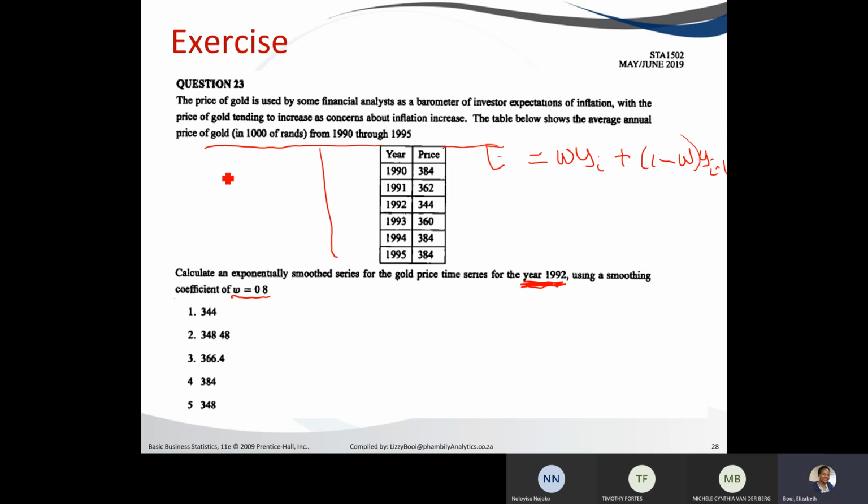So you will extend your table, and then here you can create i minus 1, and here you can create the exponential. You can use this formula to calculate them. In order for you to get to 92, you need to do 90, 91, and 92.